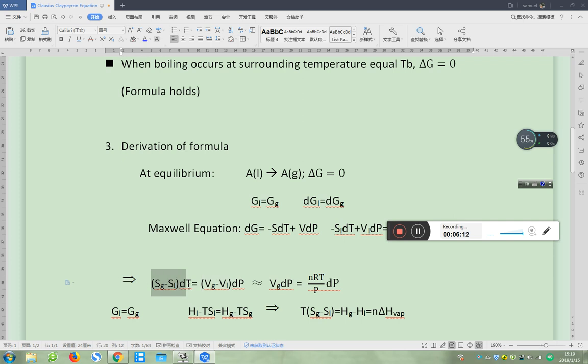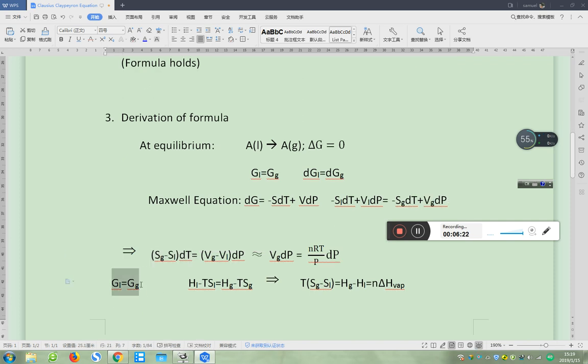How about the left-hand side expression? Some students may get stuck on it. Here's the strategy. During equilibrium, the Gibbs free energy of the liquid equals that of the gas. And remember, the Gibbs free energy is equal to the enthalpy H minus the temperature T times the entropy.